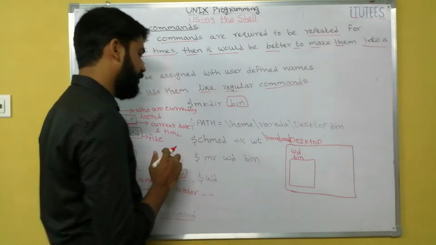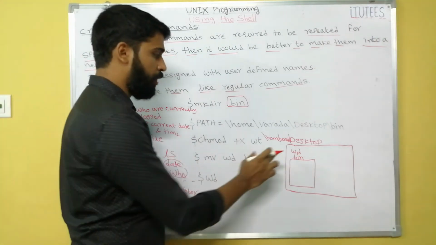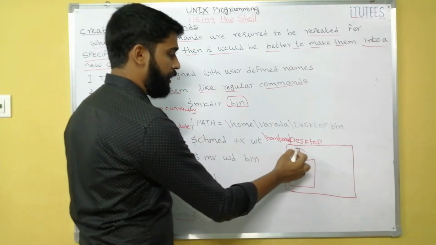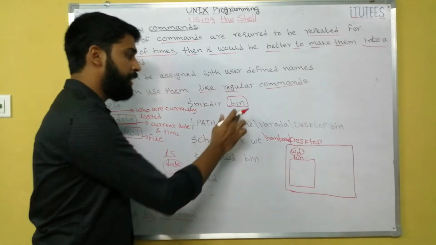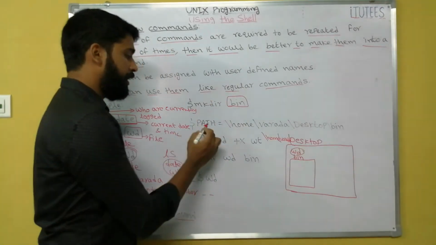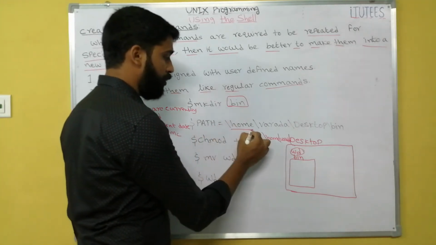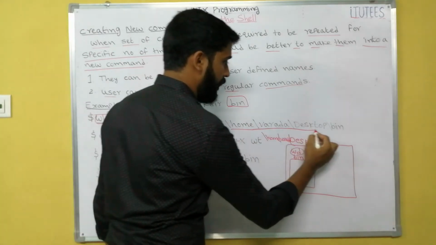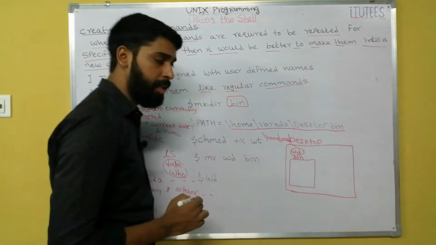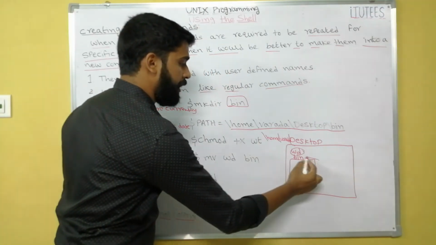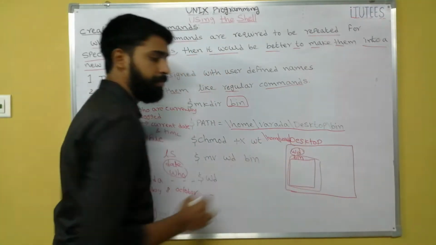If I give wd, then the Unix operating system can search for wd in this bin directory. I can set the path by using PATH equals /home/Varada/desktop/bin. That means I give the path as this directory.